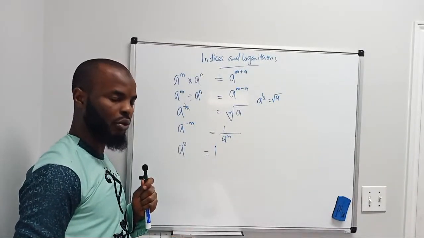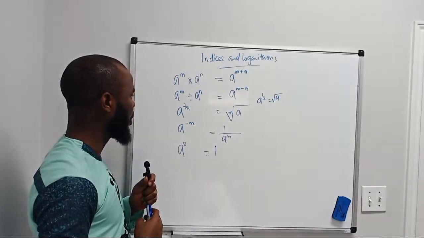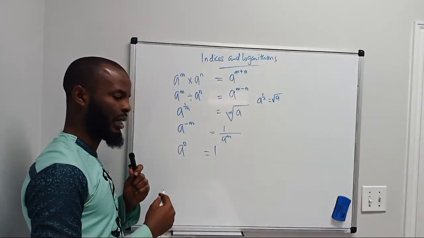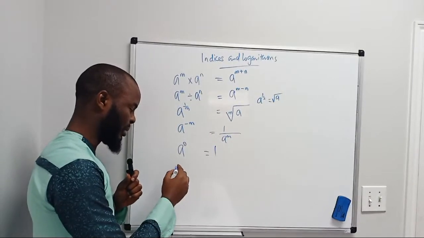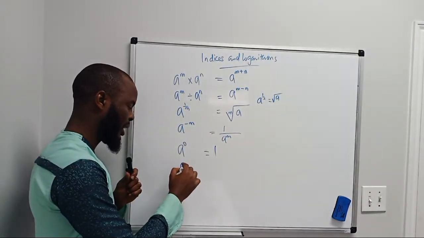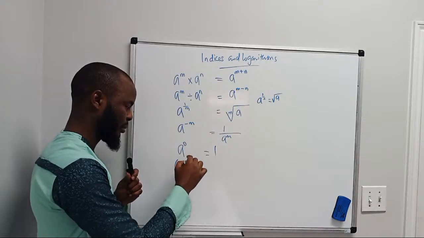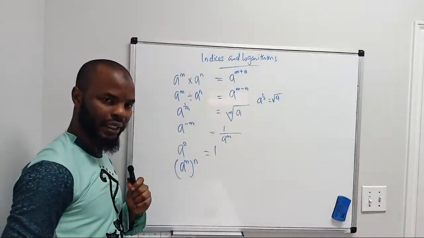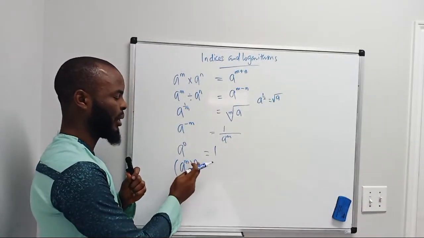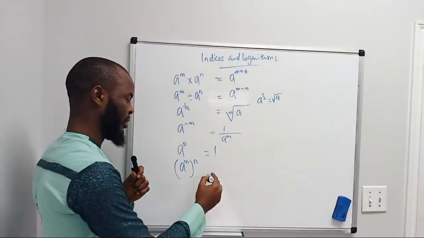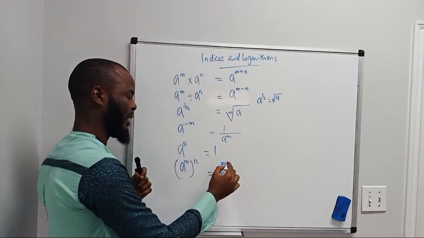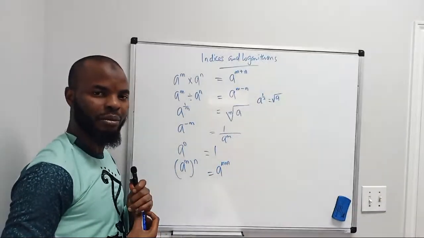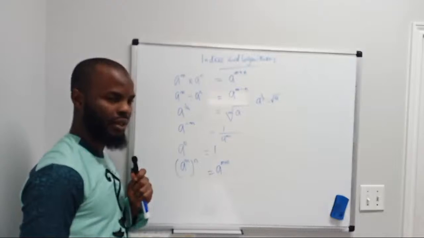We have some other rules, but let me add one more because I've been using it whenever I shoot my videos. If you have a to the power of m and outside you have n, you can easily multiply the powers together, so you have a to the power of m times n. These are the major ones you can lay your hands upon.